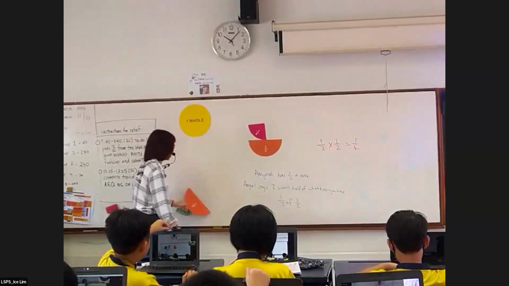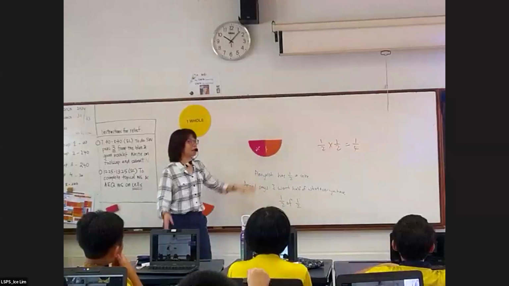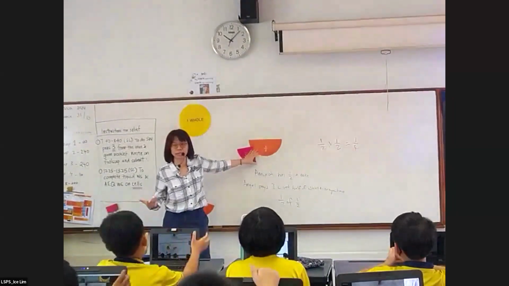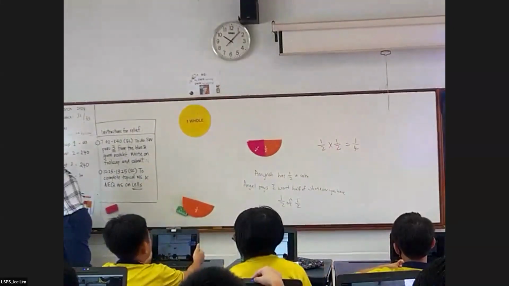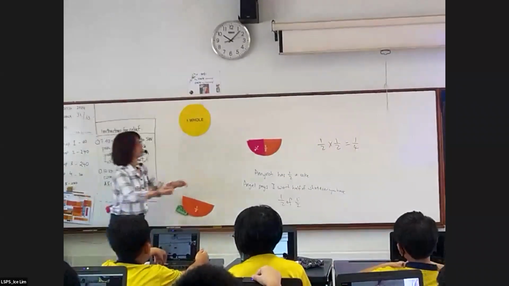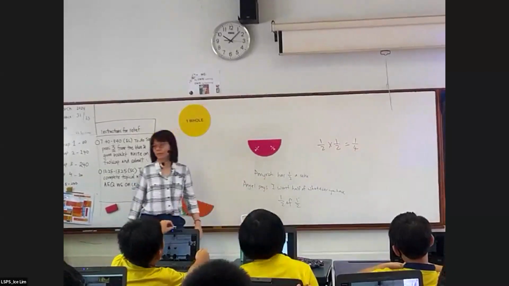Alright? So actually, it means this way. I'm chopping Amara's half into 2 pieces, and then I get like this. This is half, right?